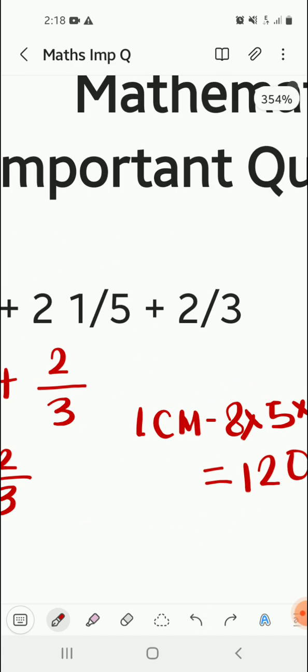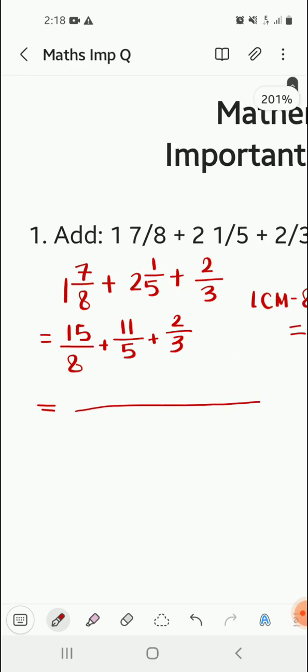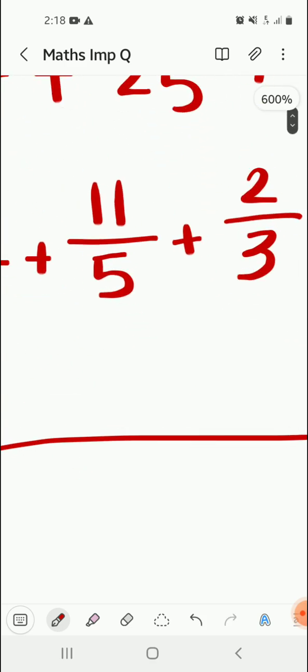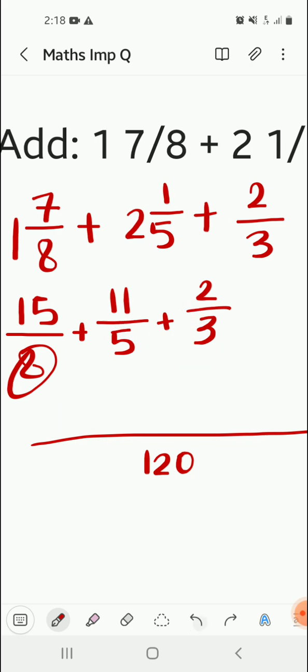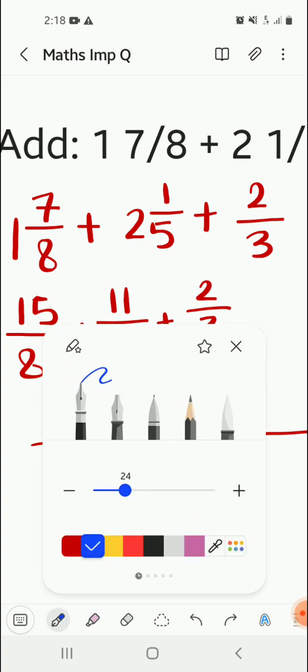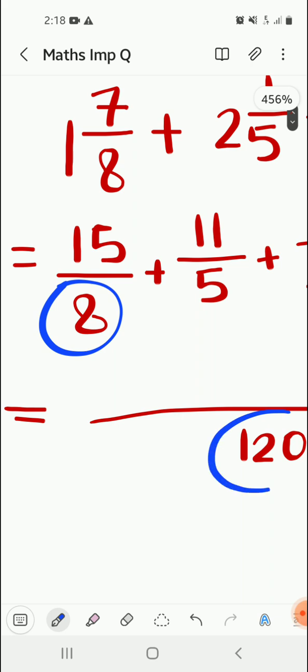Now next step, we have to draw a big line and the denominator is adjusted as 120, the LCM of 8, 5 and 3. Now see, we are going to quickly solve this. This is 8 and over here it's given 120.